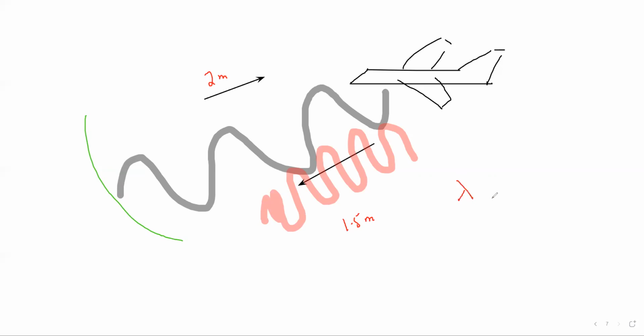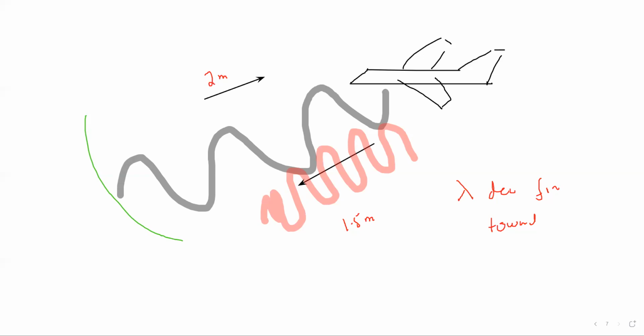So whenever there's a decrease in the wavelength or the frequency increases, we can say that the object is moving towards the source, or the source is moving towards the object, or both are moving towards each other. The opposite can be done.